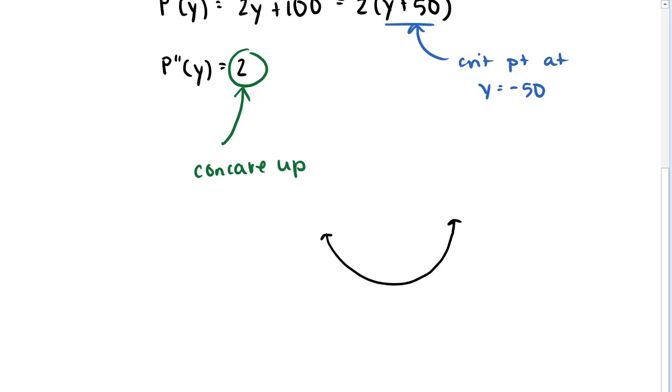We found a critical point at y is equal to negative 50. And what we're really saying here is that because this function is concave up, this critical point corresponds to a minimum, right? Where this derivative is 0 is right at this bottom point here. It's a minimum.